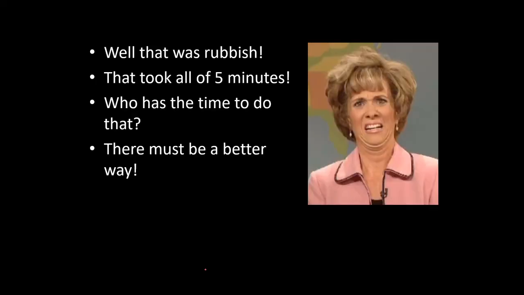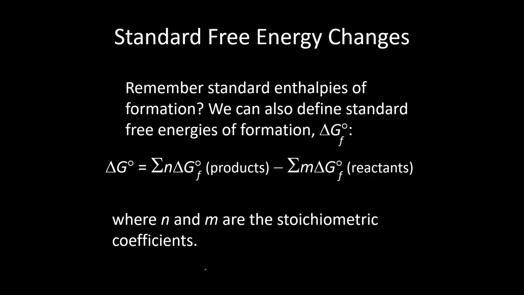And you might have noticed, if you actually had your book out and you were getting the numbers and working along, that there is actually a third column in that thermodynamics appendix that contains standard Gibbs free energy values. And so there is, in fact, a better way.